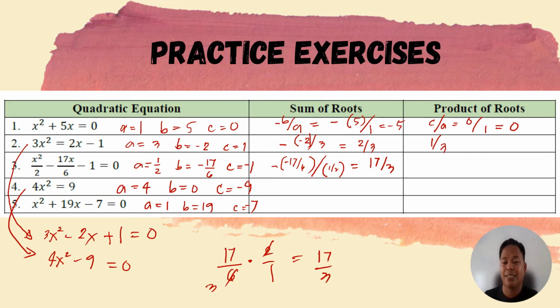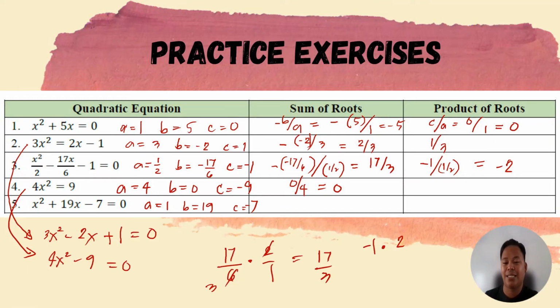And the product, negative 1 all over 1 half. Then we have negative 1, reciprocal of 1 half is 2. Then the product is equal to negative 2. For number 4, sum 0 over 4 is equal to 0.